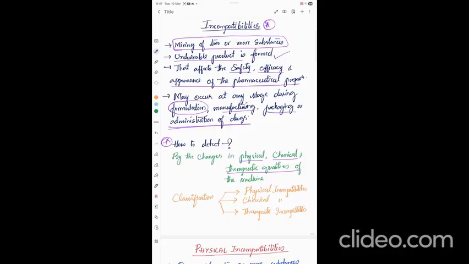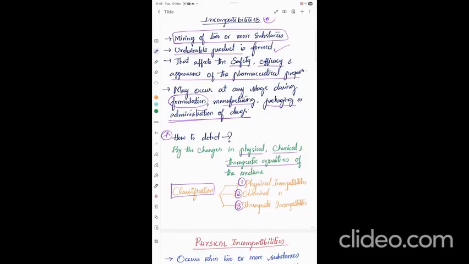So based upon these changes, the classification is made. The classification of the incompatibilities includes physical incompatibilities, chemical incompatibilities and therapeutic incompatibilities. In this particular video, we will be discussing in detail about the physical incompatibilities.